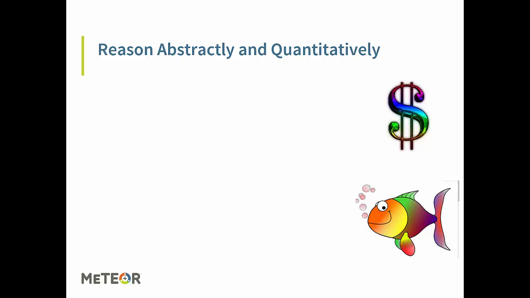Most standard word problems are about quantities, asking how many animals, how much money, how many degrees. The possibilities are endless. When we take a word problem and translate it to an equation, we create an abstraction of the problem. For example, the equation x plus 6 equals 9 is an abstract problem.